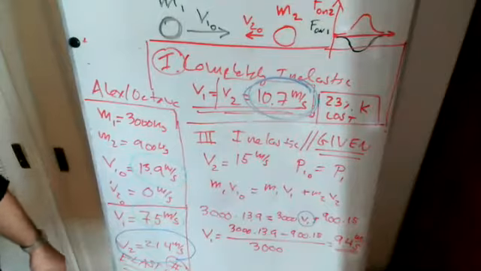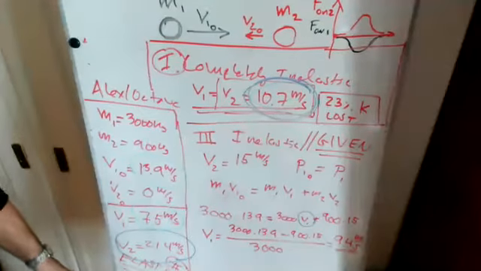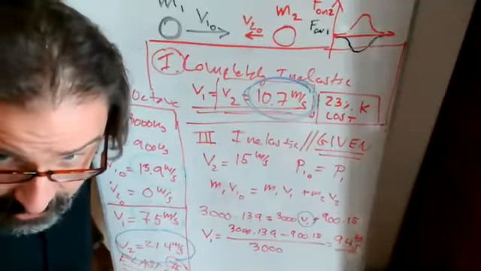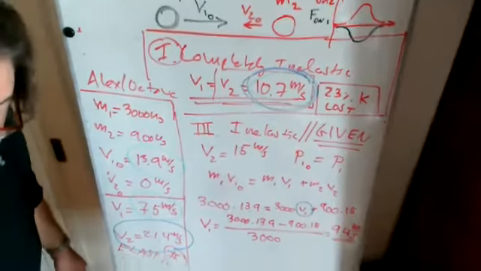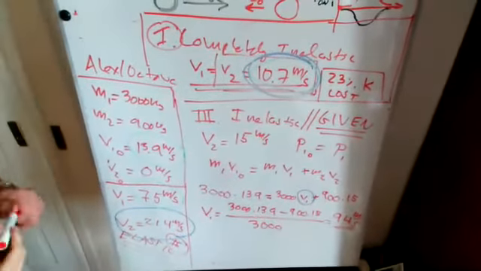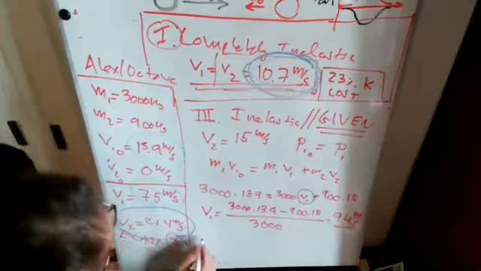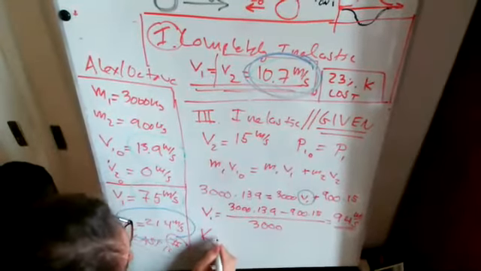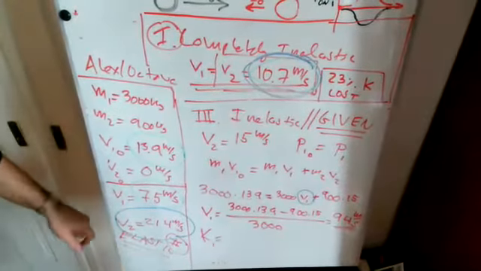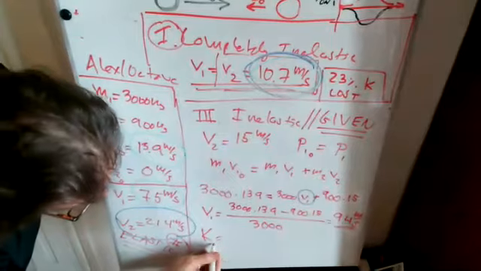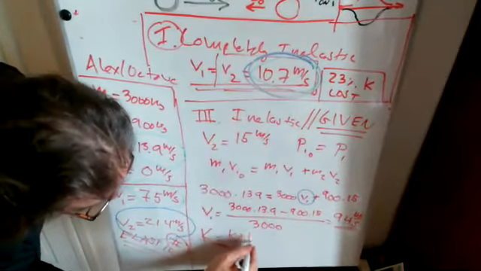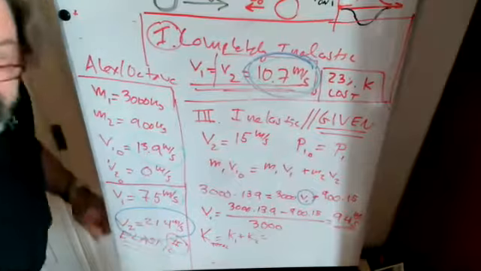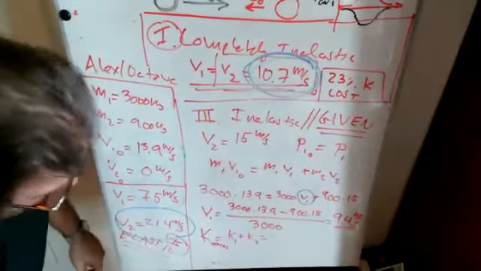We can skip the initial kinetic energy, because we know that's 290,000 joules. We did that several times now. Let's do kinetic energy total equals K1 plus K2, the kinetic energy of our two objects together.